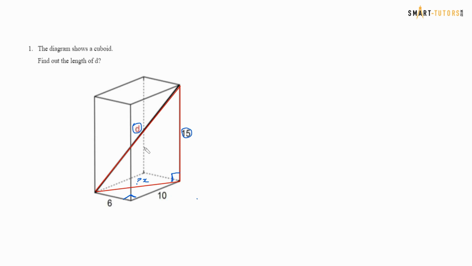We already discussed it in tutorial number 25. x squared equals 6 squared plus 10 squared. So x squared is 36 plus 100, which is 136.